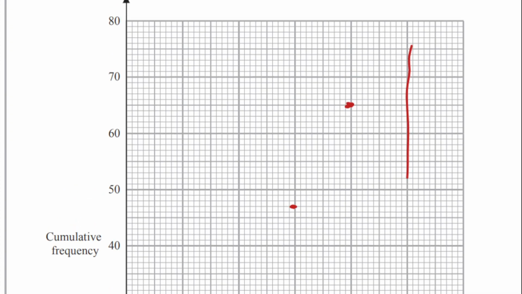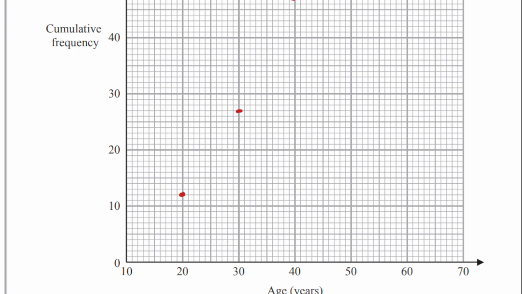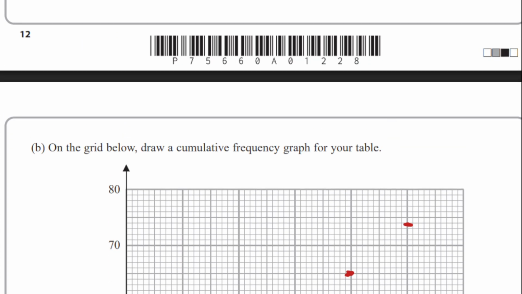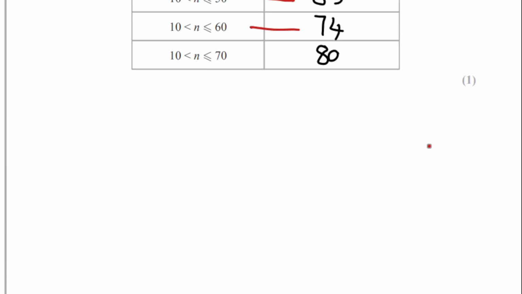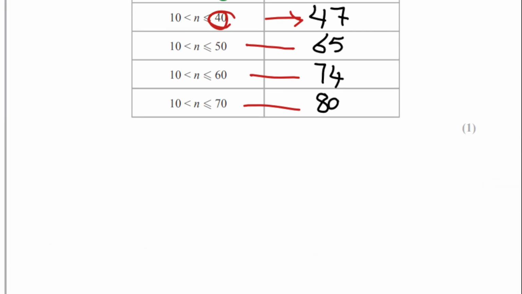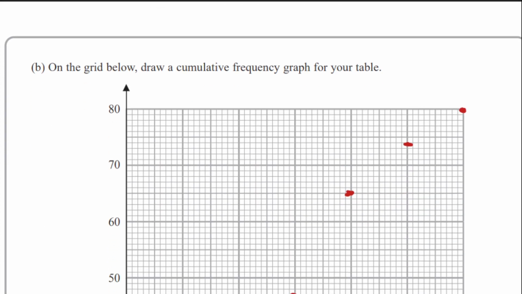This is 60 and this is 70. So where is 74? This is 75, so this is 74, just below it, right? And then last one, finally, it's usually on the corner. It's 70 and 80, so that's correct. 70 and 80, that's 80 and that's 70.